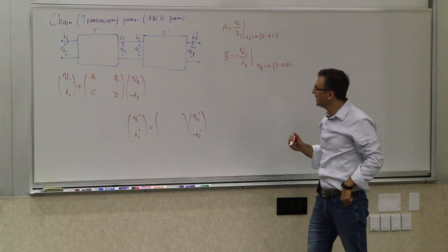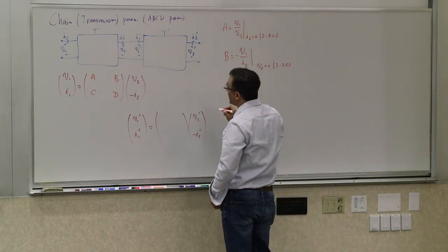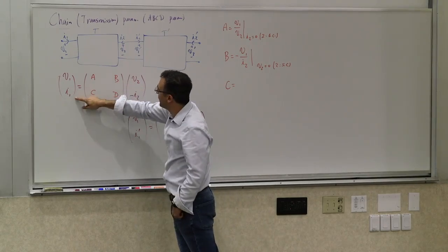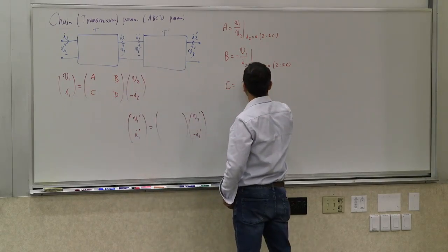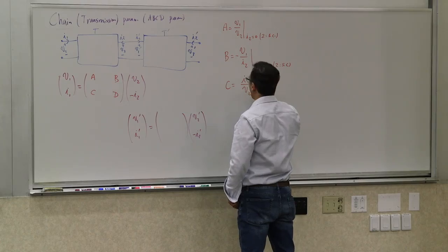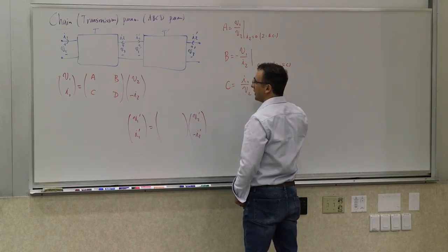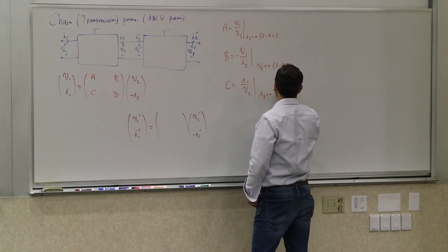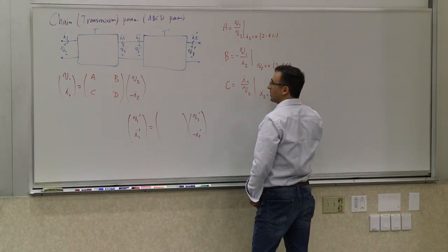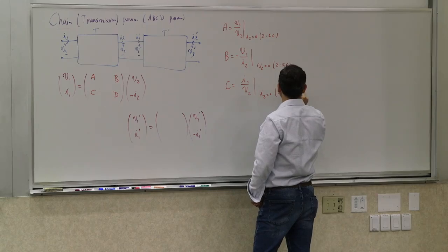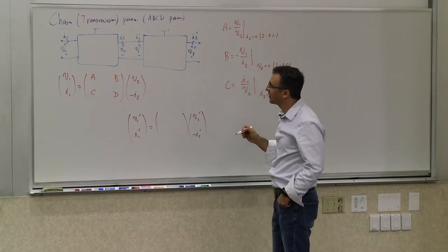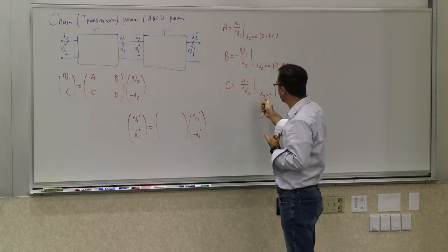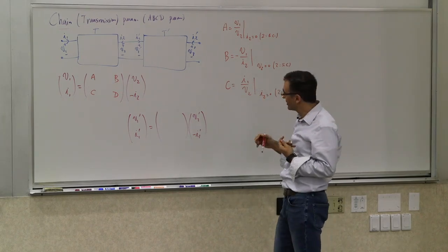I2. And similarly, C, you can actually do the same thing. You can say, well, C is going to be I1 over V2 when I2 is 0, which basically means that port 2 is open circuited. So what you do, you apply current I1 and measure voltage V2, and you calculate the inverse ratio when the second port is open circuited.